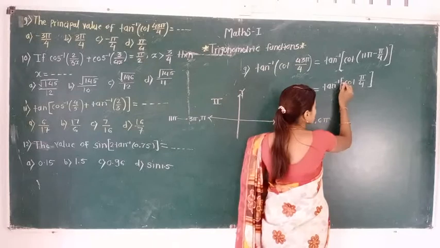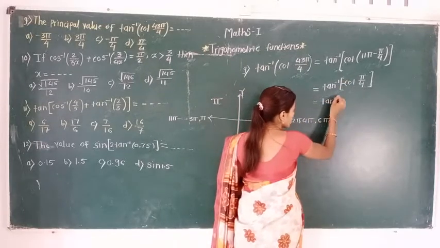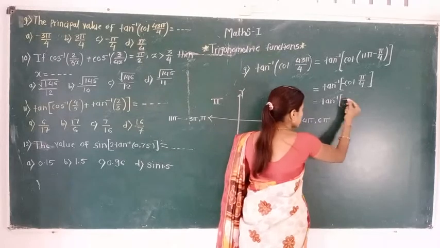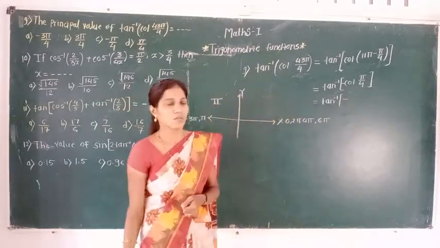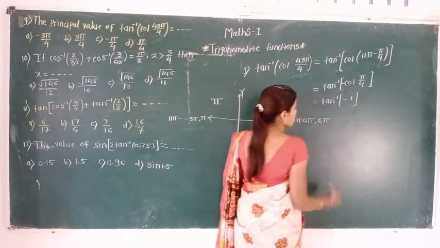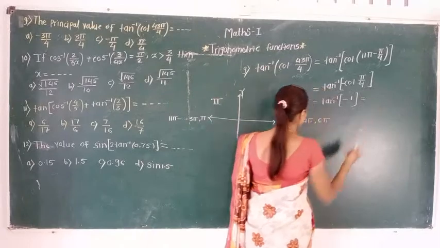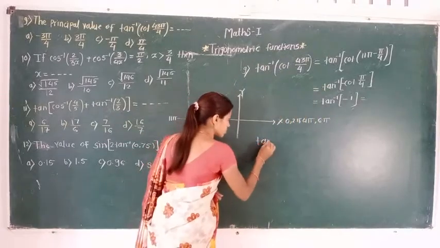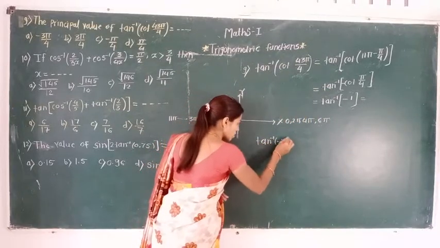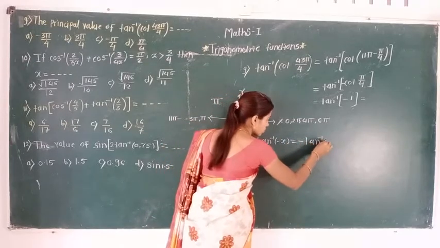So take the minus sign here, then tan inverse of the bracket with the minus sign as it is, and we know that the value of cot pi by 4 is 1. Okay, now use the property. We know that tan inverse of minus x is equal to minus tan inverse x.